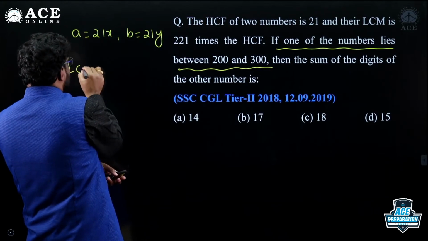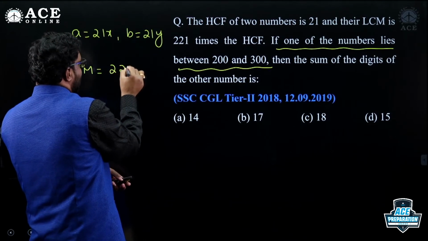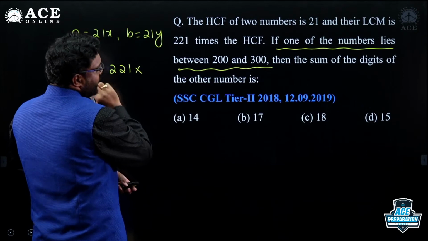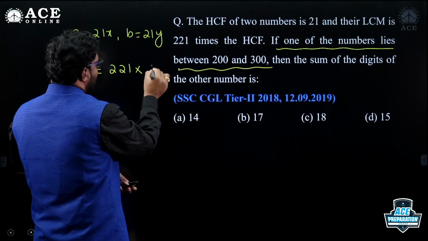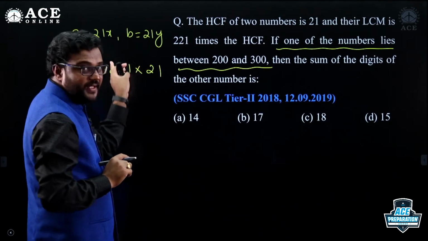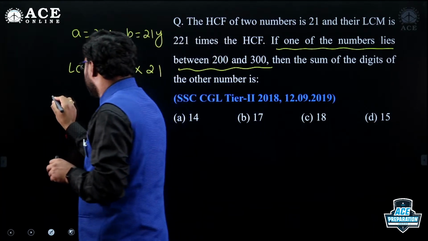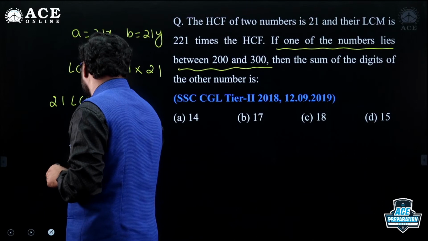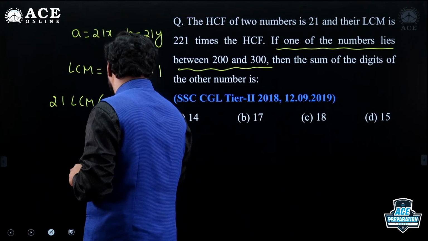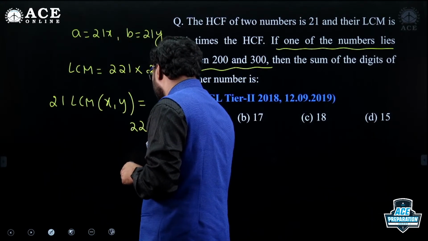LCM given in the question is 221 times the HCF. HCF is already 21, right? Now here, what is the LCM of these two numbers? It is 21 into LCM of x and y, which is nothing but 221 into 21.